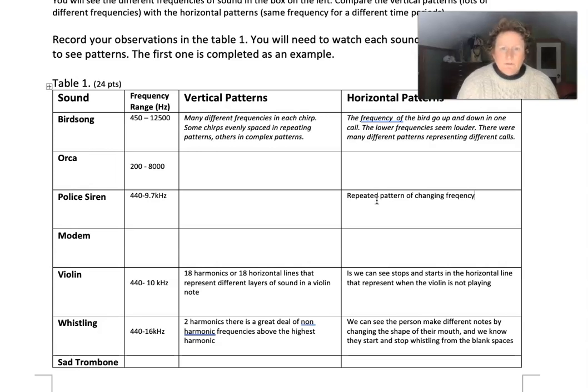Over and over. Same pattern of a saw tooth change in frequency, repeated for the whole recording.